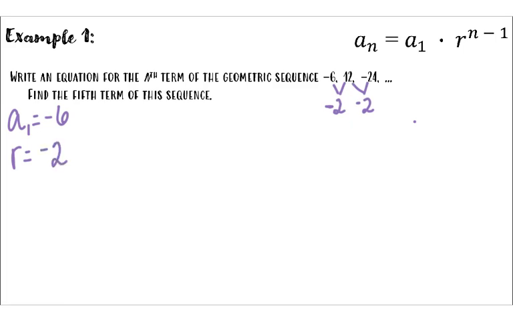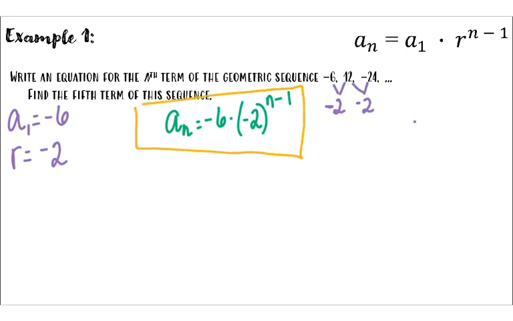Now that you have those two pieces, let's make this look like an equation. So a sub n is equal to -6 times, and I like to put my r in parentheses, -2 raised to the n minus 1. So this is our equation. That's part 1. Now let's use this equation to find the fifth number.